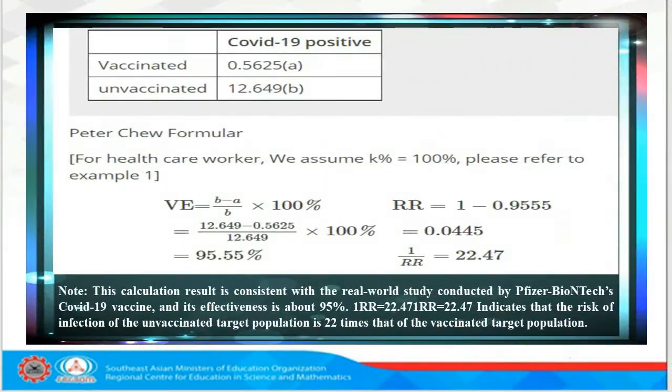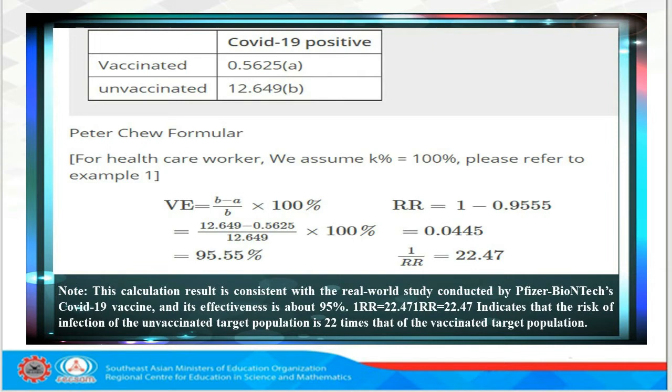Table data has shown average vaccinated healthcare workers infected equals 0.5625 per day. Average unvaccinated healthcare workers infected equals 12.65 per day. Where total vaccinated is 19,548 and total placebo is 21,728. By using the Peter-Chu formula when K equals 100, we get VE equals 95.55%. 1 divided by RR equals 22.47.